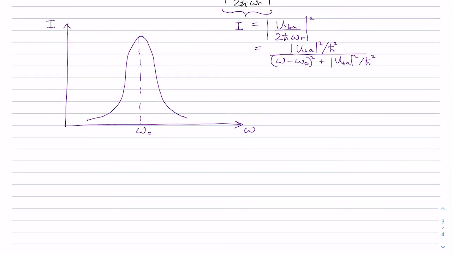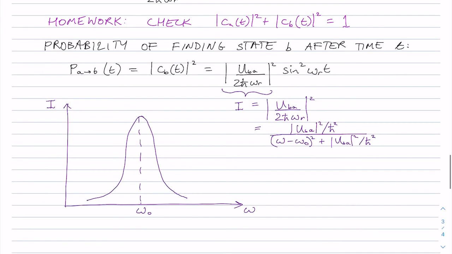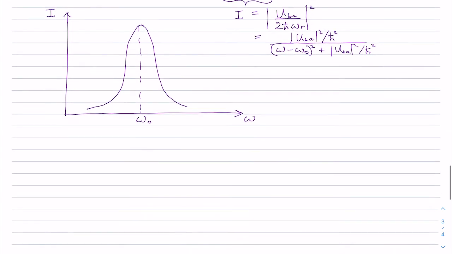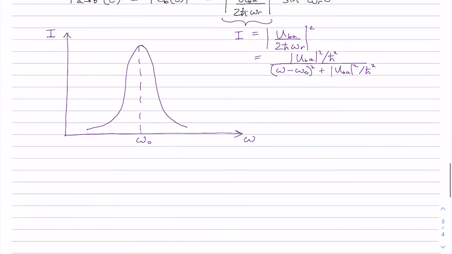And the other point is that you're going to have the oscillation part, sine squared omega r t. So if we look at, these are called Rabi oscillations.